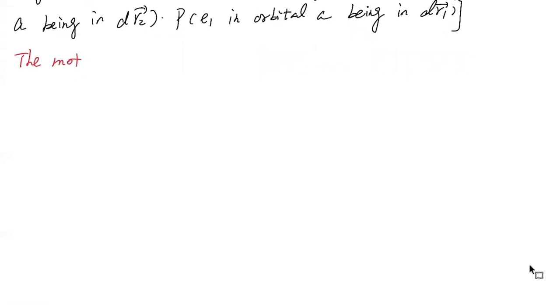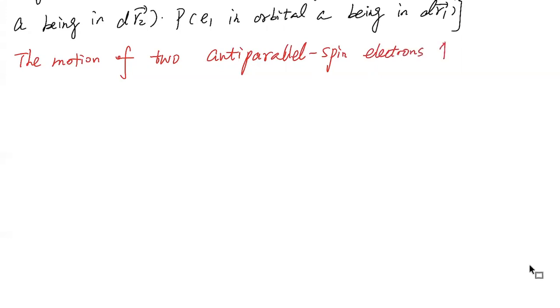So the motion of two anti-parallel spin electrons, one up, one down, is uncorrelated.